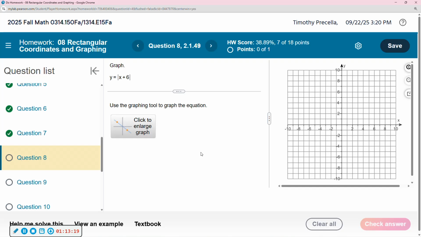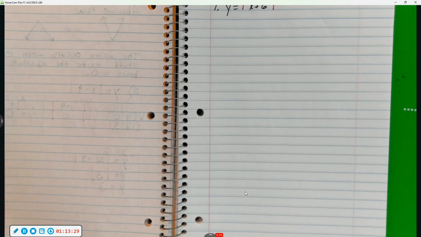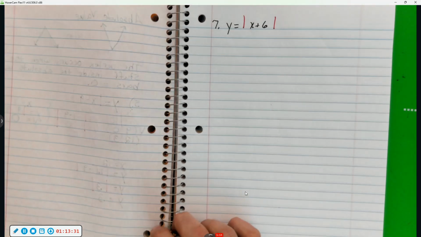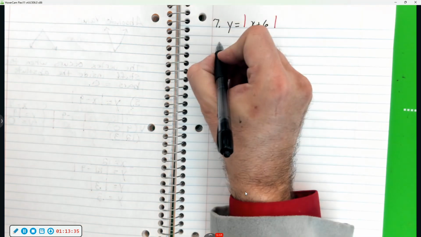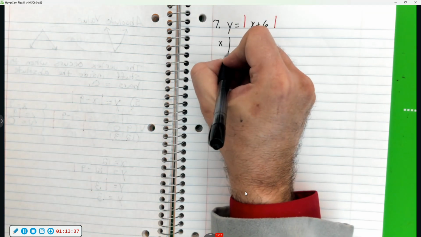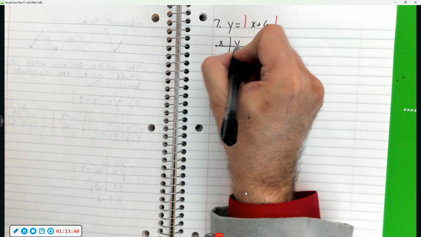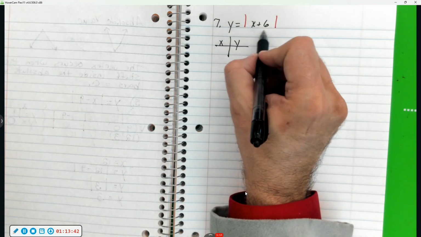I'm not just going to randomly choose numbers. In order to graph an absolute value, you must know that vertex. The vertex occurs at the x value that gives you a 0 inside here.